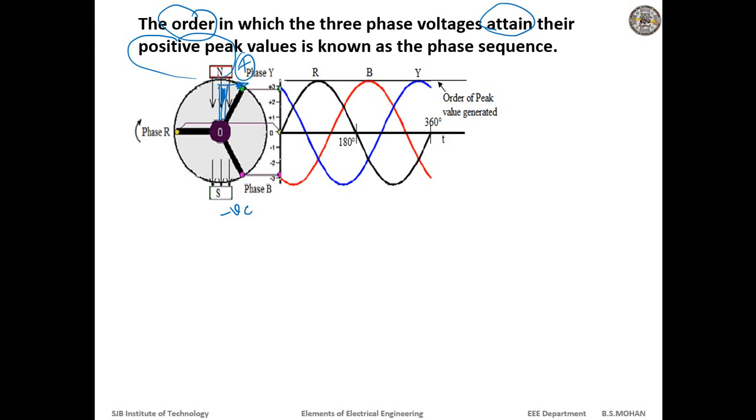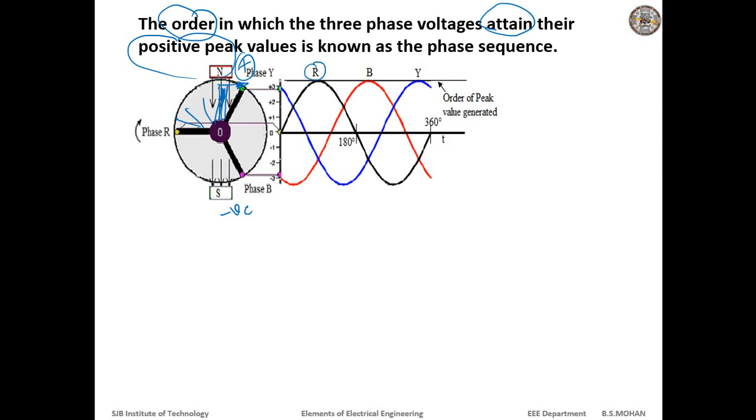From this instant, Y has already left and B has already passed the north pole. So which conductor comes parallel to the north pole, or which conductor's force is perpendicular to the north pole? Phase R would come from this instant. From this instant, phase R comes under the north pole first, thus we have R first.